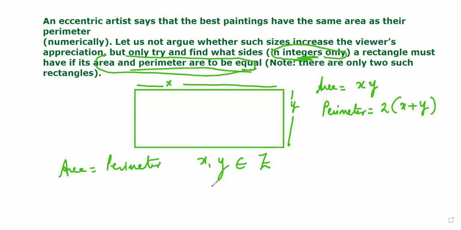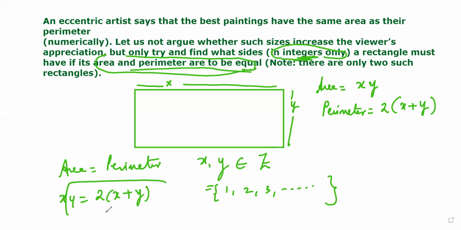Of course, a side can't be negative, and it can't be 0 also. There should be some minimal dimension. So x and y will take values 1, 2, 3, and so on, positive natural numbers. So area equal to perimeter, that is xy is equal to 2 times (x plus y).